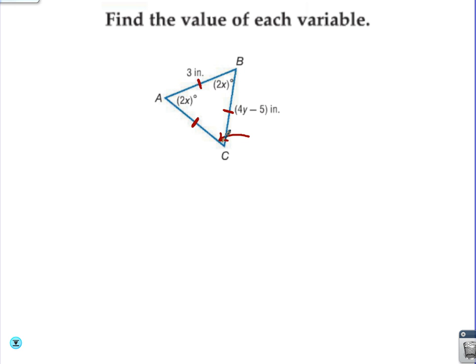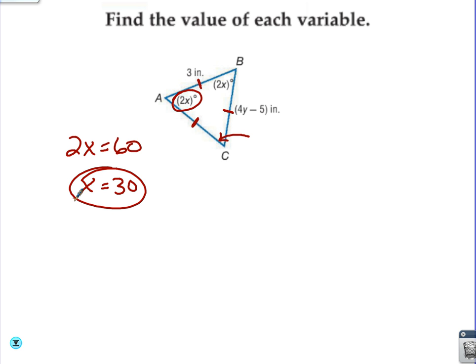This angle's going to be 60, and that's going to be the easy way. Since it's equilateral, it's equiangular, and we know that every angle is 60. So why not just say, you know what? 2x is 60. X is 30. Done.